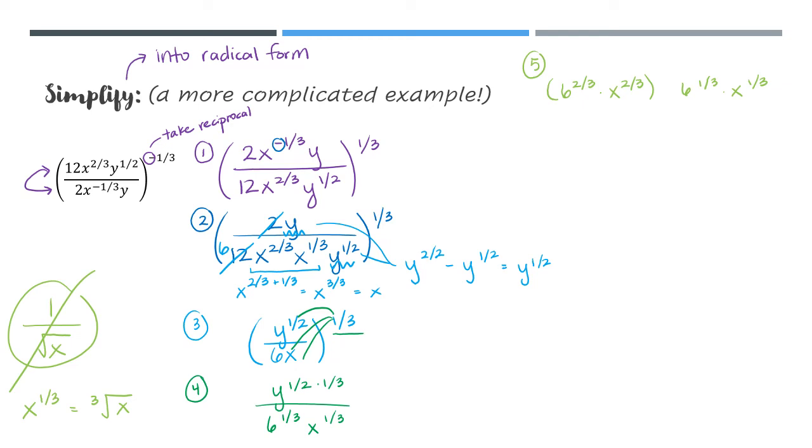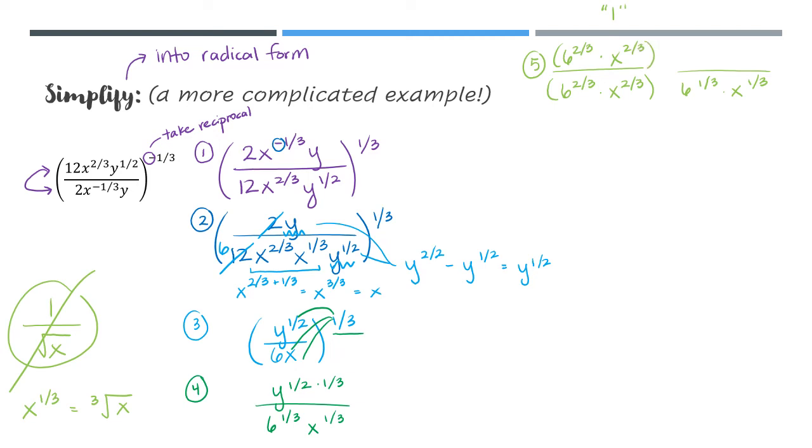Now, of course, I can't just multiply the denominator by something and then not do anything with the numerator. I have to keep these things equal. So I'm going to be multiplying by, quote unquote, 1, something divided by itself. So I'm multiplying both the numerator and the denominator by the same thing.